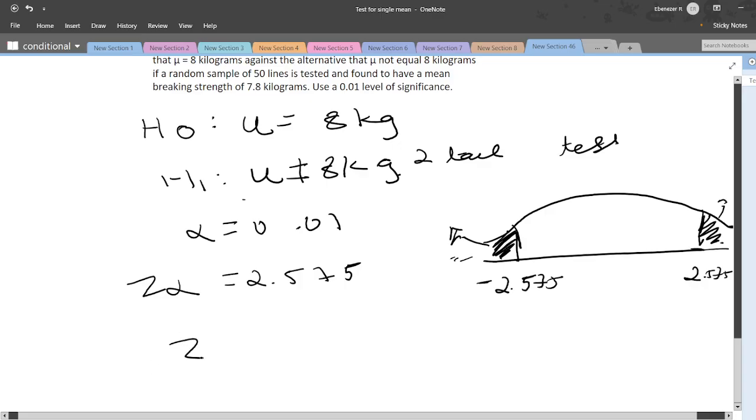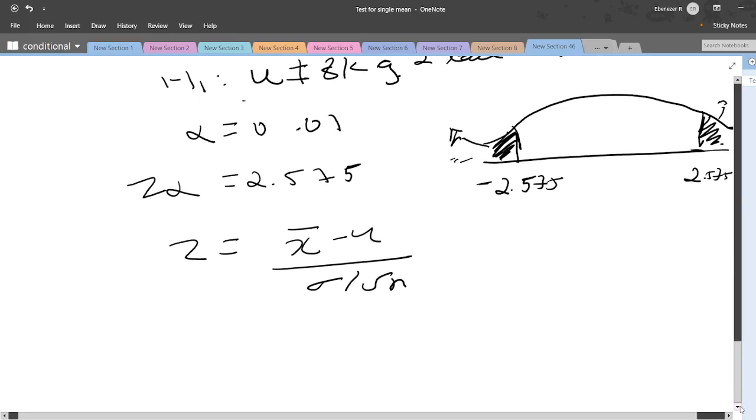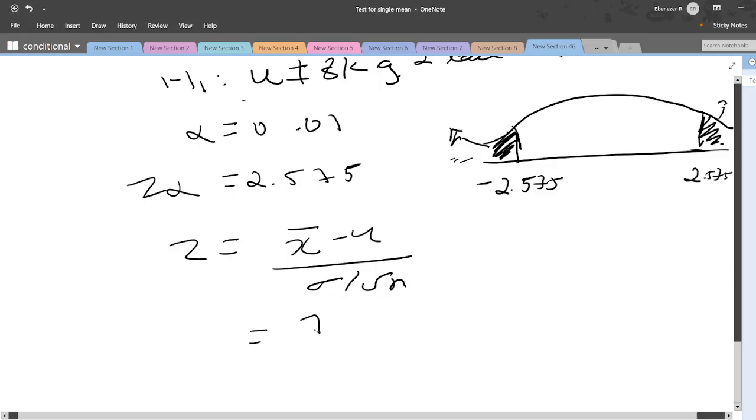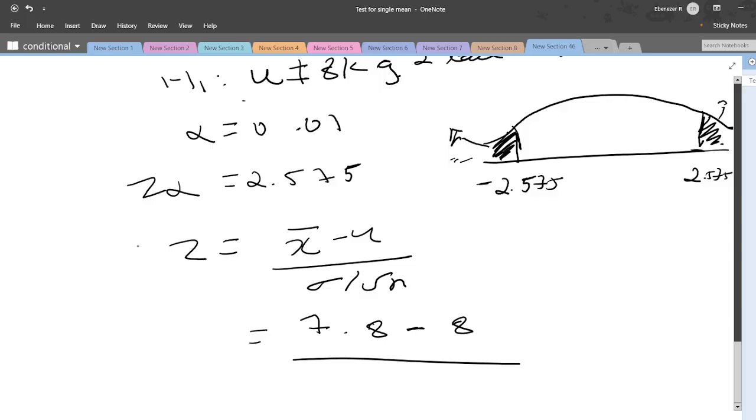So I have Z is equal to x bar minus mu by sigma by root n. X bar, the sample mean, is given as 7.8. 7.8 minus 8 by sigma, which is given as 0.5, by root n, which is root of 50.